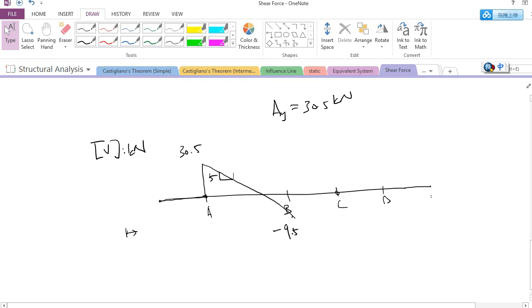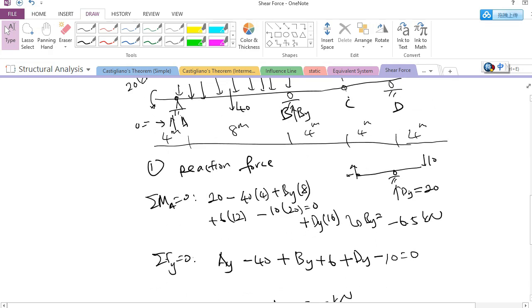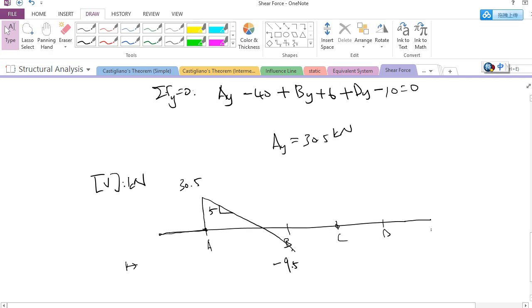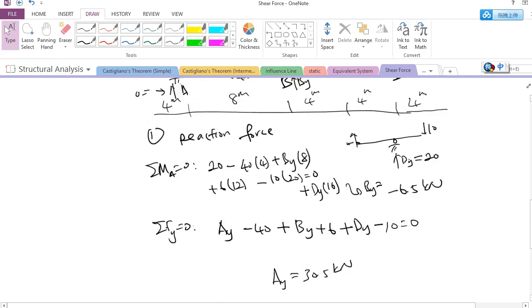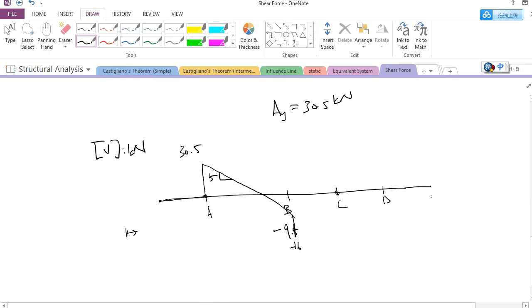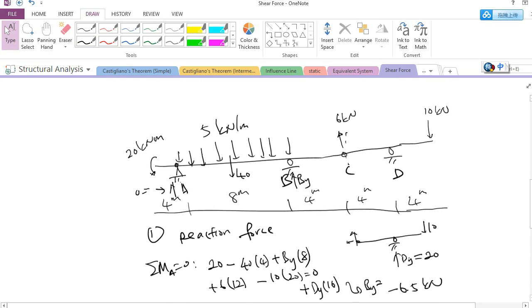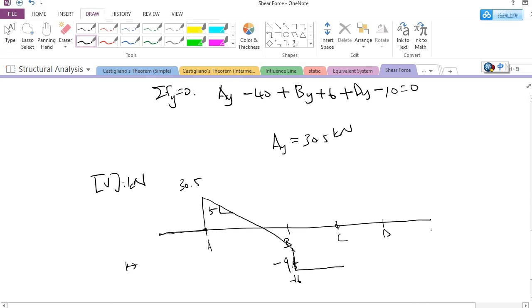When we reach point B, the reaction is negative 6.5, which means it is downward 6.5. Again, based on rule number 2, we further reduce by 6.5, so this is negative 16. Between point B and point C there is no loading, so it remains constant, unchanged, until point C. And then at point C, the loading is upward 6, so something like this.